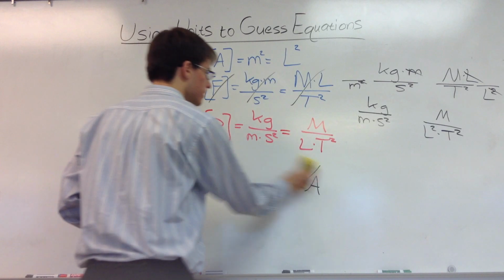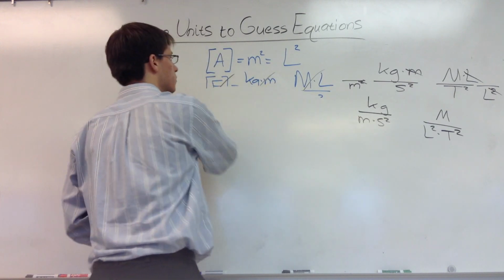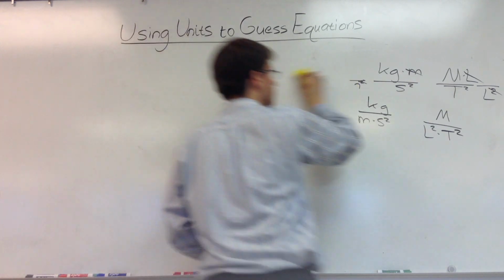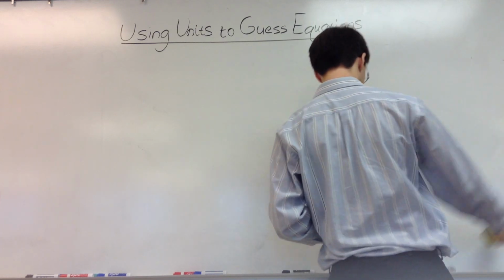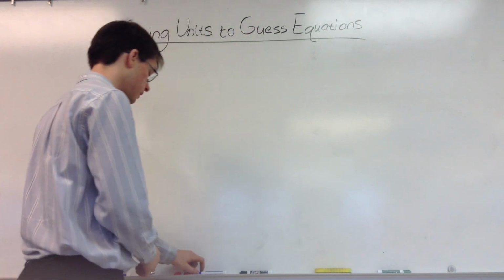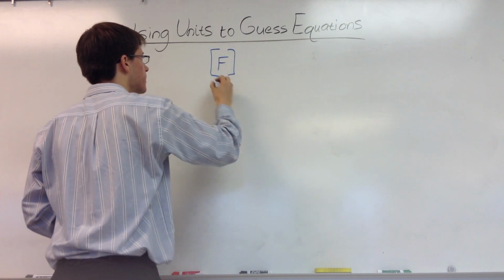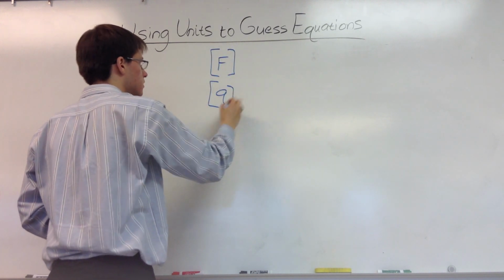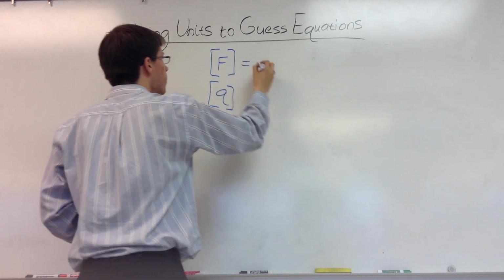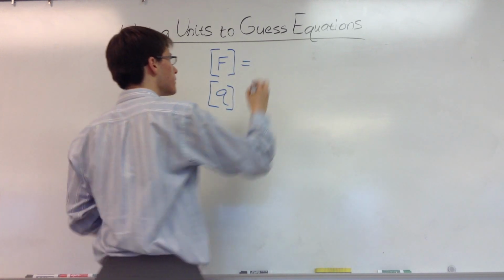We'll do one final example, which is pretty straightforward, but can be a little tricky because you might not have seen this unit before. So let's say I give you a force and a charge. Charge is the new one. So force has units of, as I've said, newtons, but we'll simplify.